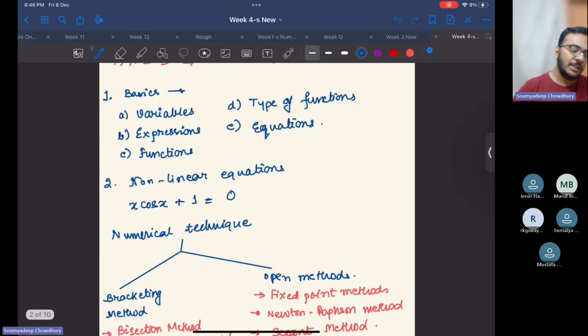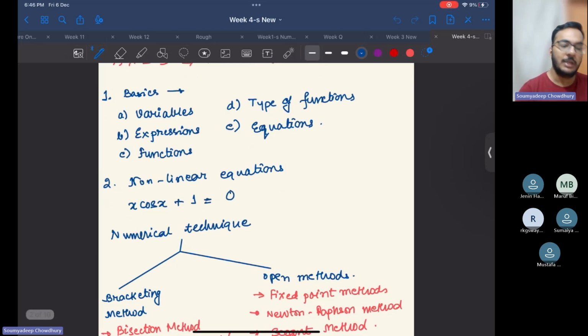So basically, to understand that, I first describe the basics. Any equation is made up of a number of variables, and these variables form an expression or a function. And when this function is given with some particular condition, then we call it an equation.